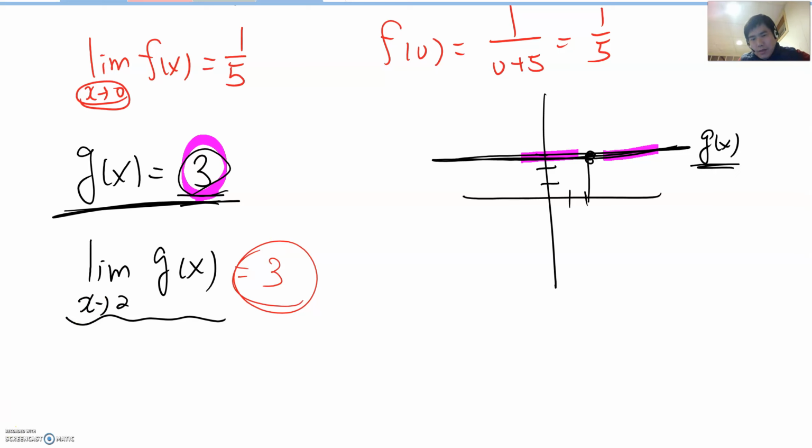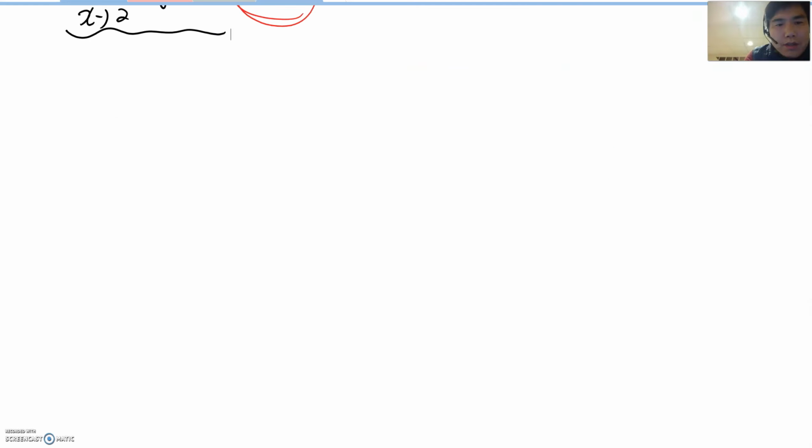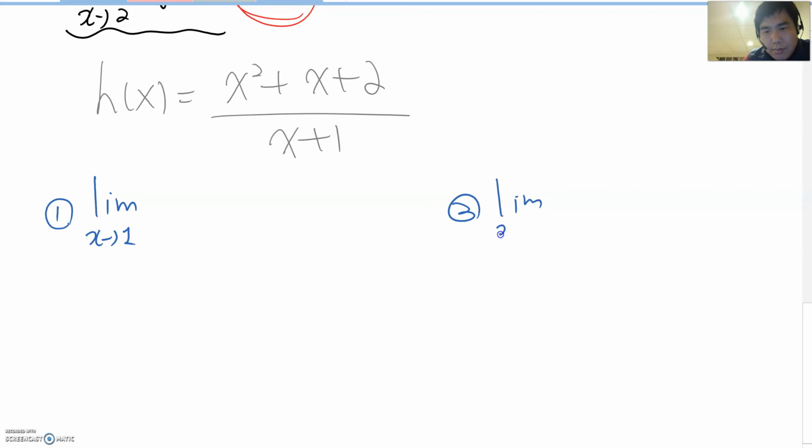Let's look at one more question, which looks more complicated. Given h(x) equals x squared plus x plus 2 over x plus 1, we're going to find the limit as x moves to 1 for number 1, and for number 2, x moves to negative 1.